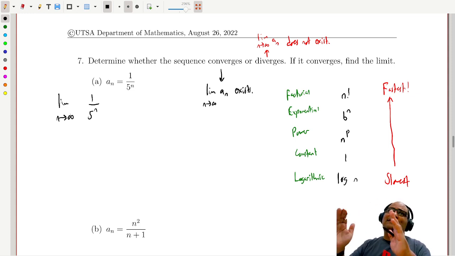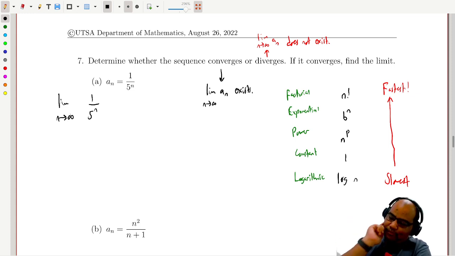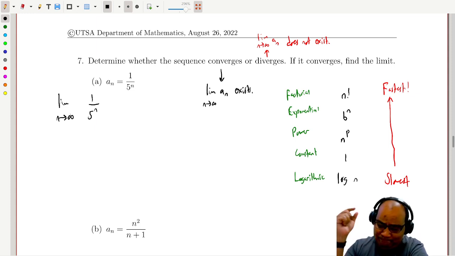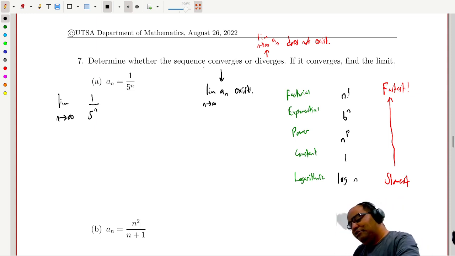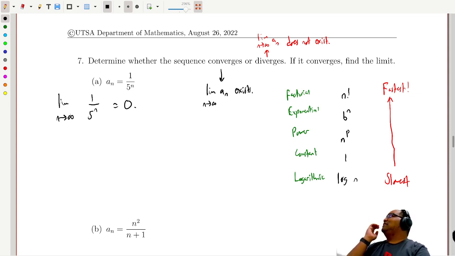So if I divide a constant by an increasingly large number, what's going to happen? I'm just going to get an increasingly smaller number. So this limit here is 0, because the denominator dominates the whole thing. The exponential grows much faster than the constant function. Just some reasoning there.